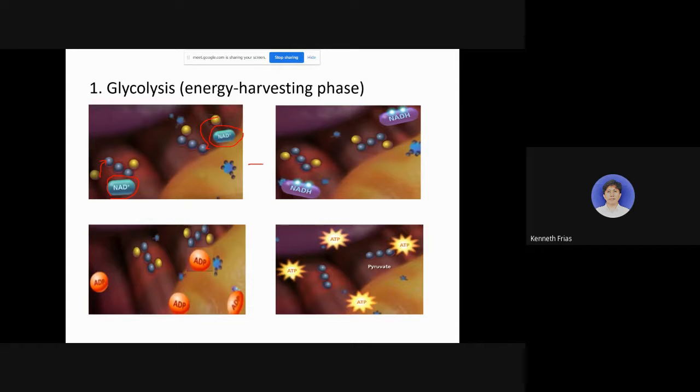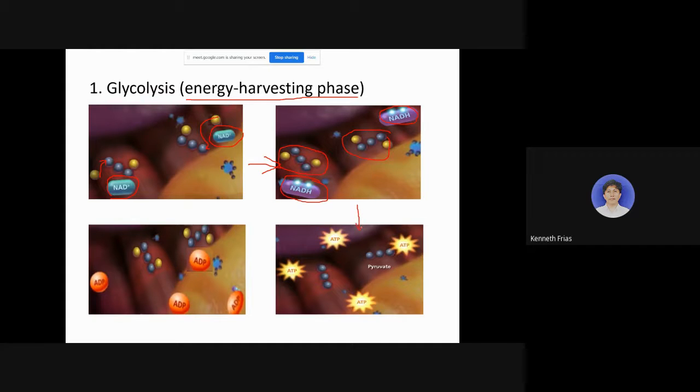So what happens here, as you can see in the next illustration, is that the NAD will become NADH. That means it already carries electrons. And then you notice the transformation in these two 3-carbon molecules. And this is what we call the energy harvesting phase, wherein glycolysis will already make ATP.